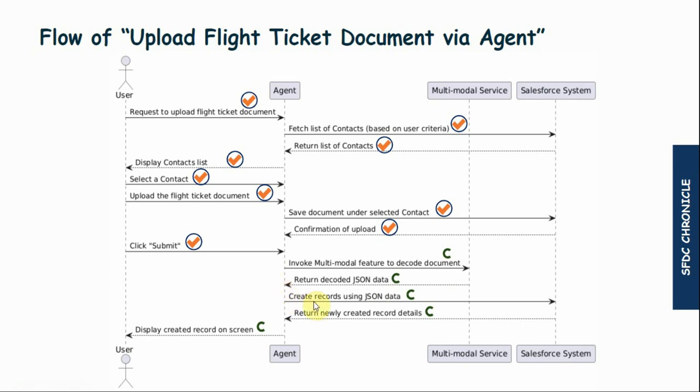Next, we will leverage that JSON data to automatically create a record in Salesforce based on the details extracted from the PDF, and finally return that newly created record to AgentForce, which will then display the details right in the chat window. So this is what we will be covering today.